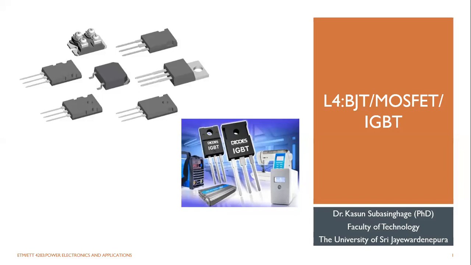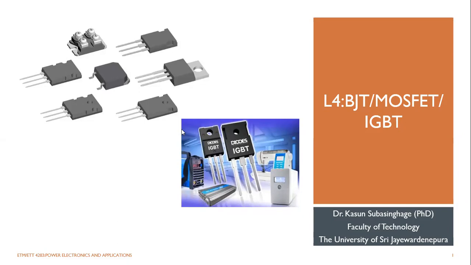Today we're going to discuss BJTs, MOSFETs, and IGBTs. These are really essential components before we start on the applications. Next week onwards, we are jumping into real-world applications, starting from voltage regulators and some kinds of motor controllers.